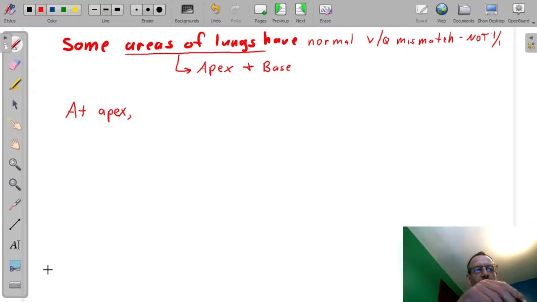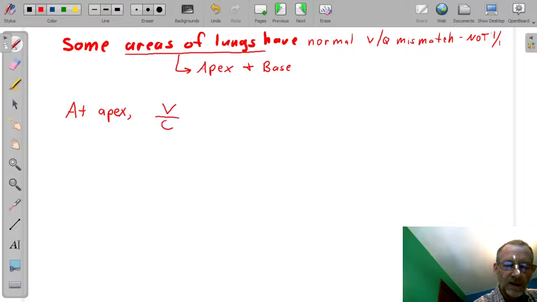So they tend to get better perfusion at the base and tend not to get as good perfusion at the apex. So at the apex, let's say ventilation is normal. So let's say that it's 1, but perfusion is reduced due to the gravitational column, if you will, of blood. Let's say it goes down to 0.5.